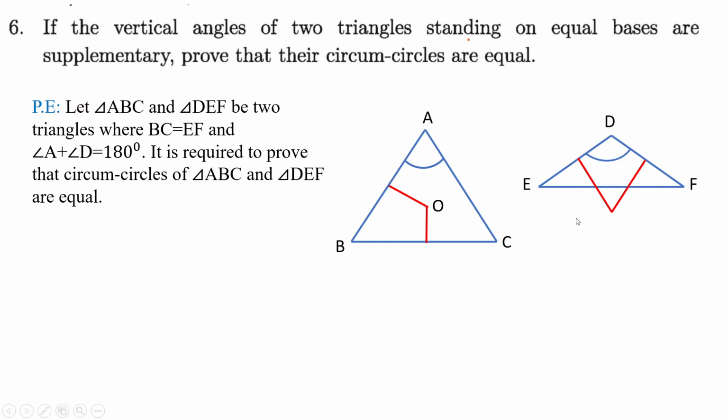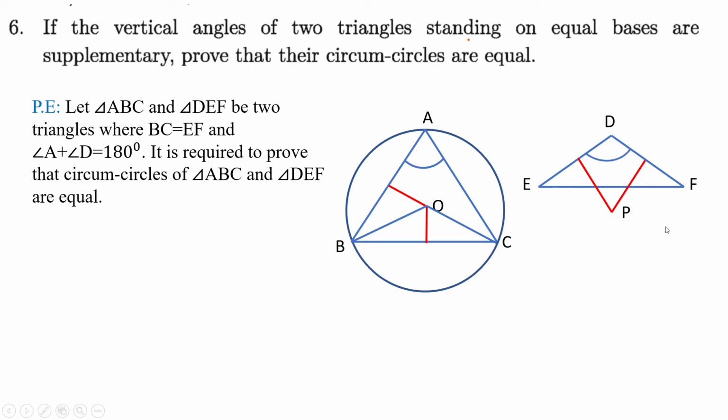Similarly, P is the circumcenter of this triangle. O is the center. Now the radius will be, if you join OB, then we get the radius. OC is also a radius. If we take O as center and OB as radius and draw a circle, we get this circle.